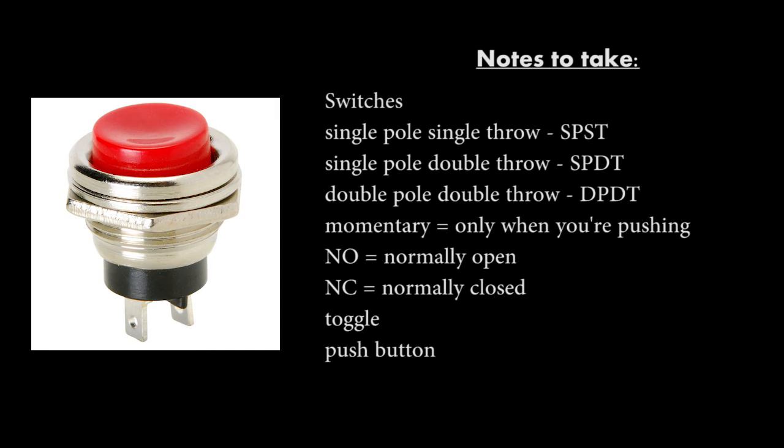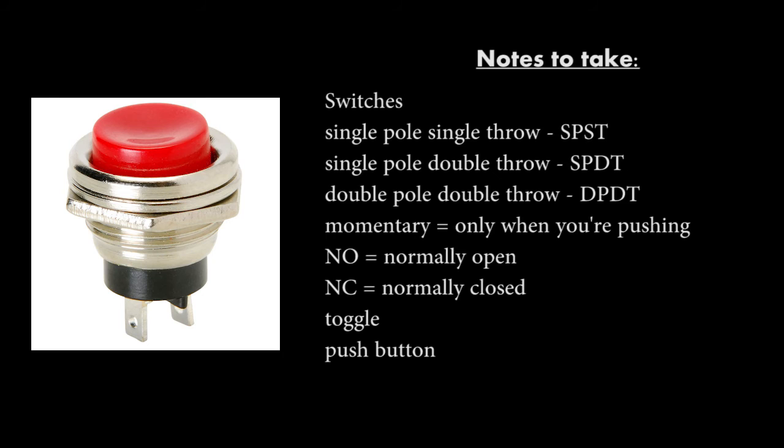Now, those two legs on this momentary switch are either connected or disconnected. They're either normally closed, which is connected, or open, which is disconnected. All right, so right now I can't really tell from just looking at it, and when you order the part, you'd have to look for these two designators. If you see a switch on an order sheet and it says NC, that means normally closed.